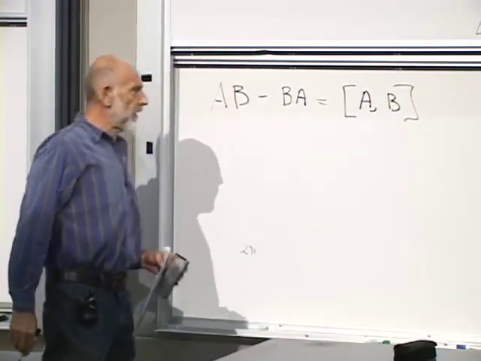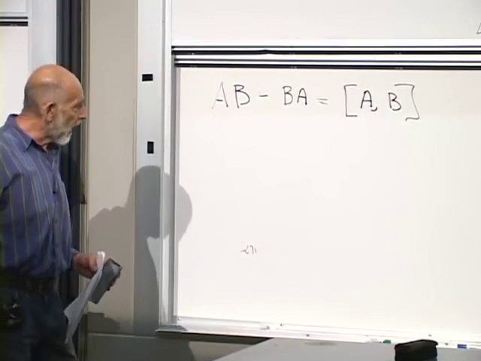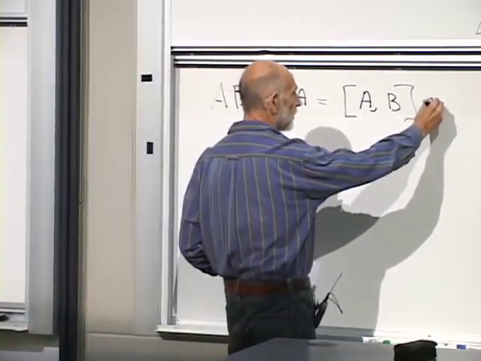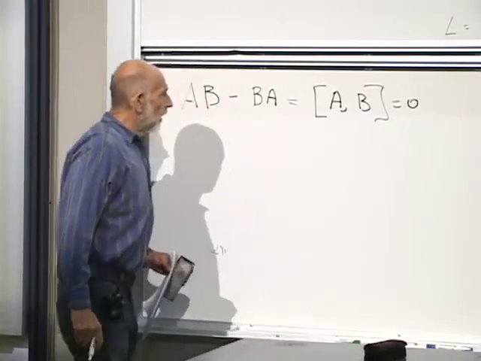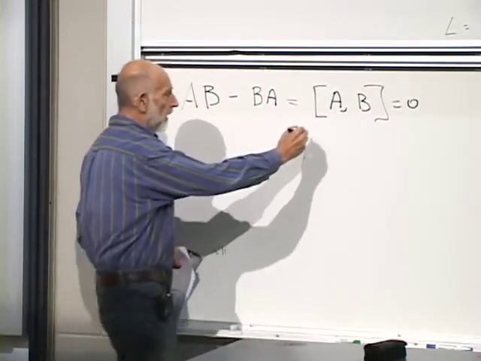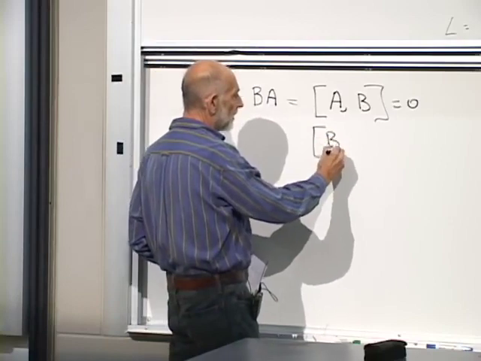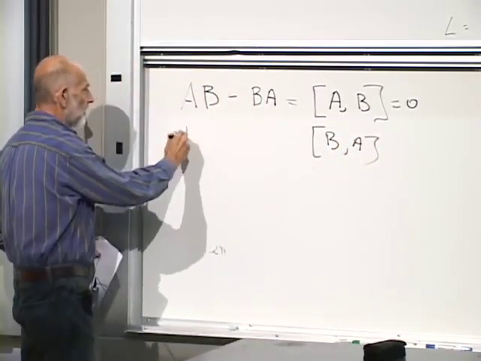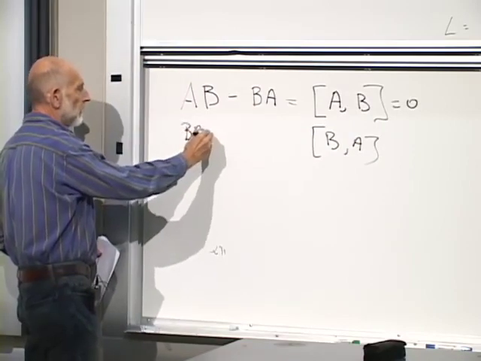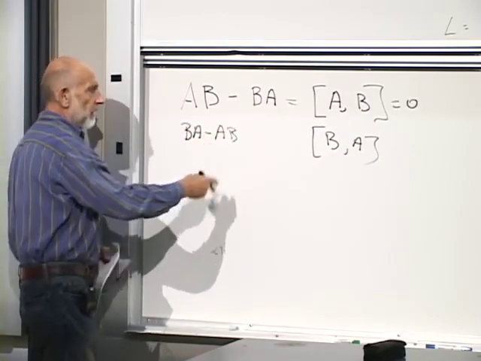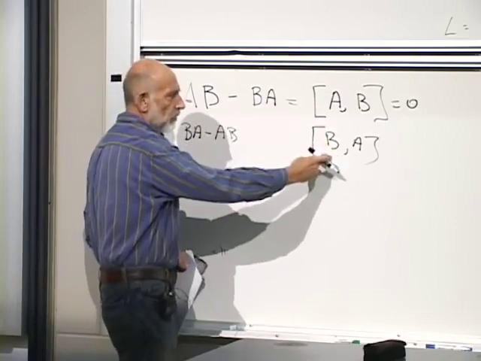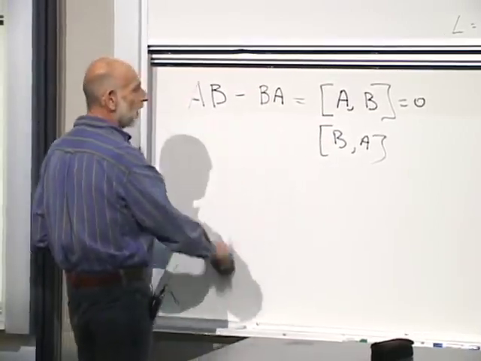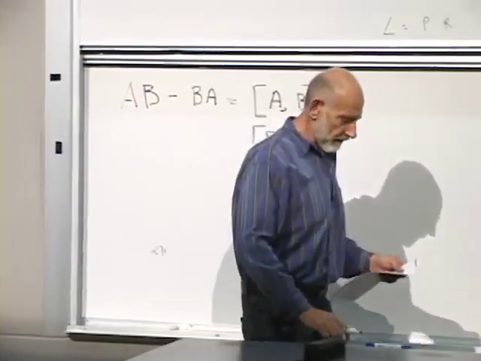In A and B, the order matters, so typically this is not equal to 0. Incidentally, the commutator of B with A is exactly the same thing except in the opposite order, and that's just a sign difference. These two are the same except for a sign. Okay, that's quantum mechanics in a nutshell. We just did quantum mechanics.